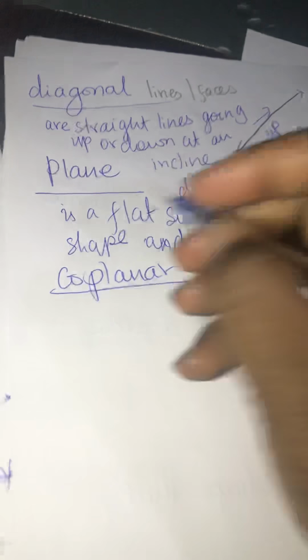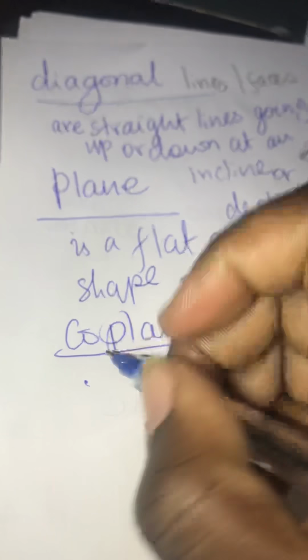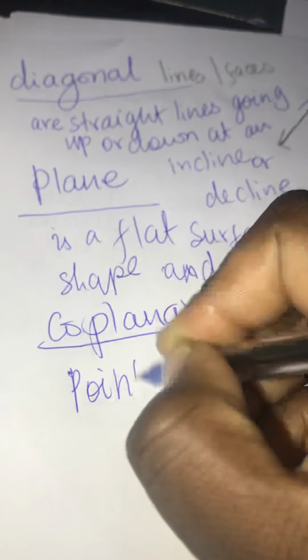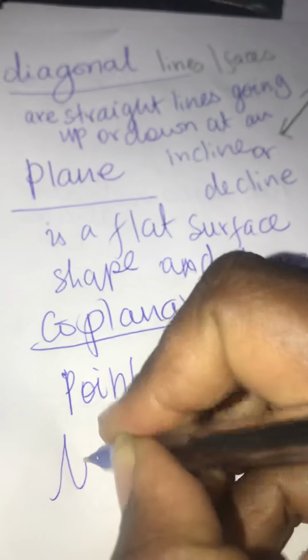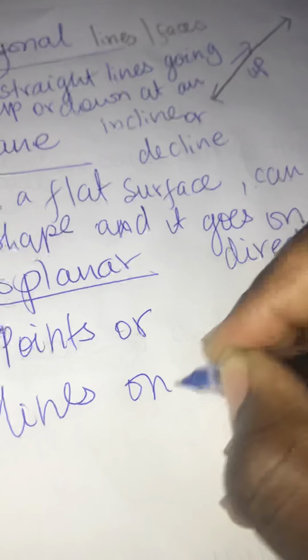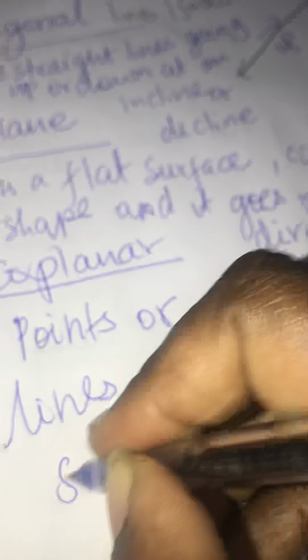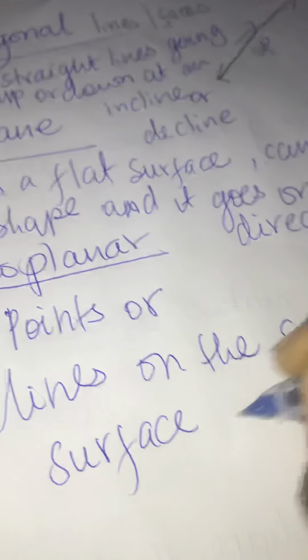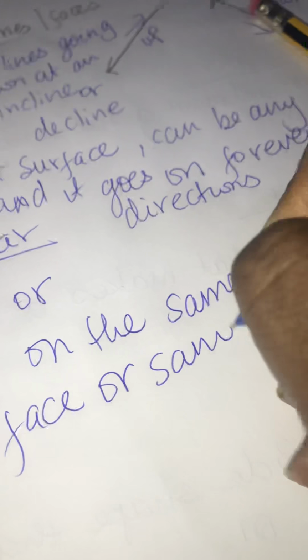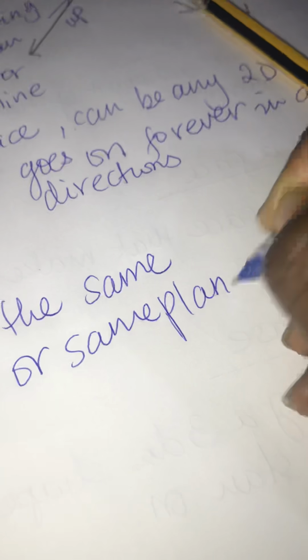So coplanar means points or lines on the same surface or same plane. Like on my table here, this container is coplanar to my book because they are both on the table. Okay? And my table is my plane.